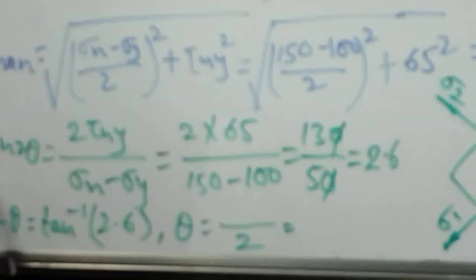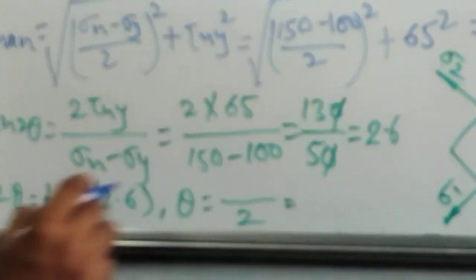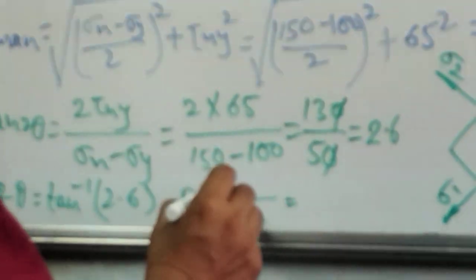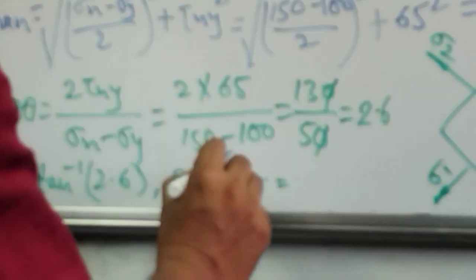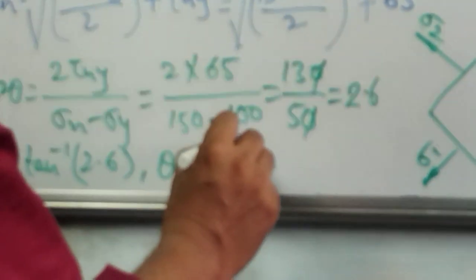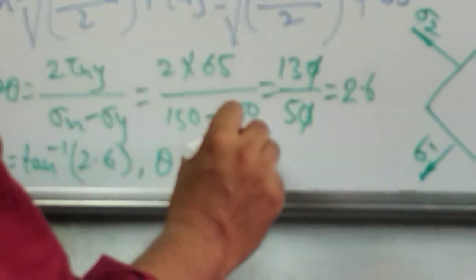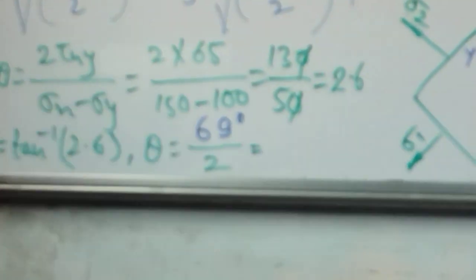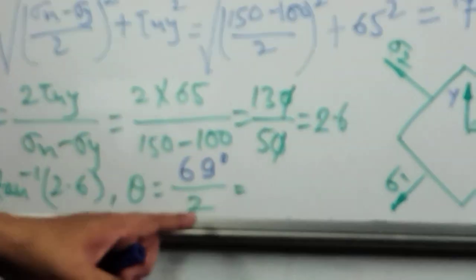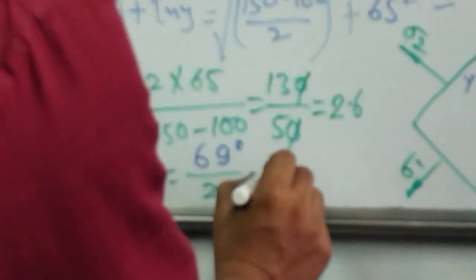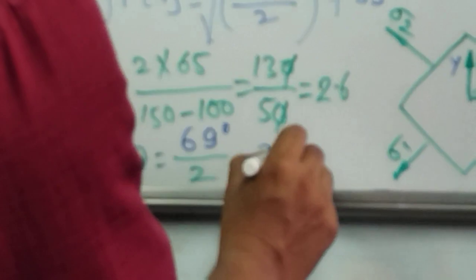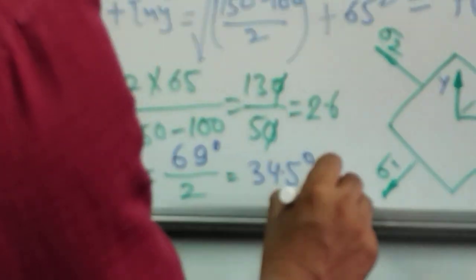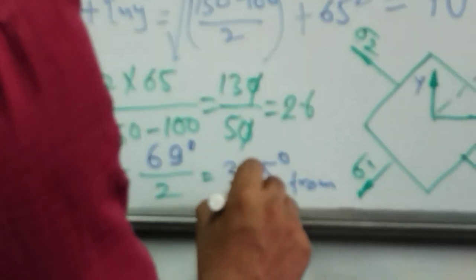Now the value is tan 2 theta equal to 2.6. Therefore, 2 theta equals tan inverse 2.6, which is 69 degrees, and dividing by 2, theta equals 34.5 degrees from the x axis.